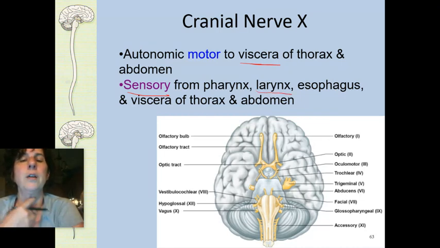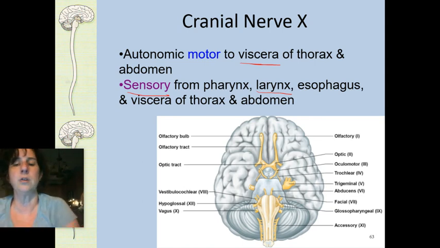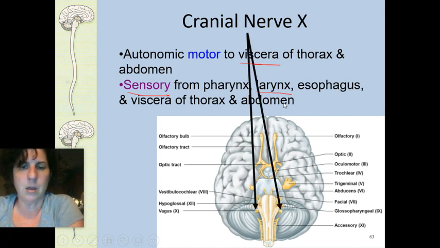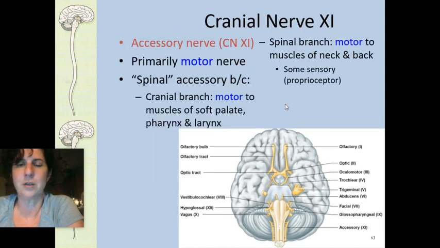If you learned larnyx, reteach yourself. That's larynx, the R before the Y. Your esophagus, which is the food, so it's behind the larynx in there. And then also the viscera of your thoracic cavity and your abdominal cavity. All right, there it is right there. More on 10. Vagus, longest nerve.